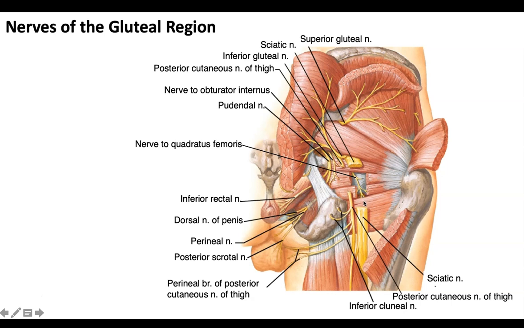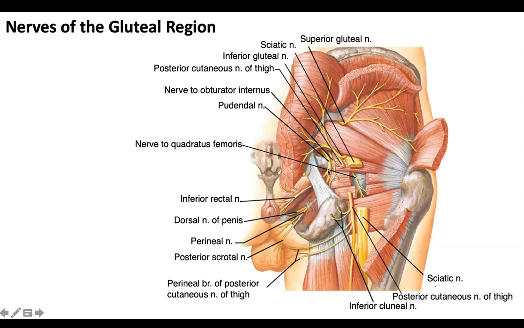The nerve to the quadratus femoris supplies the inferior gemellus. So the superior gemellus is supplied by the nerve to the obturator internus, and the inferior gemellus gets its nerve supply from the nerve to the quadratus femoris.